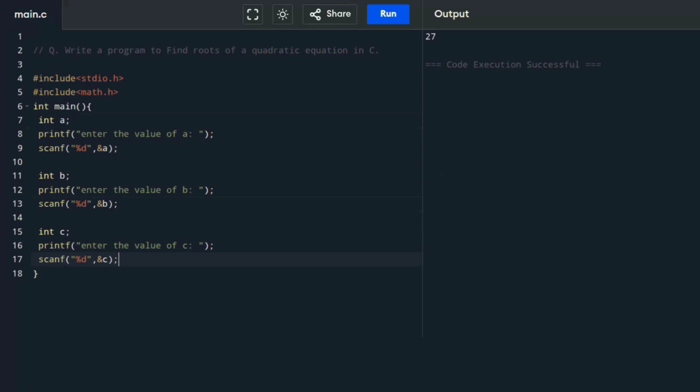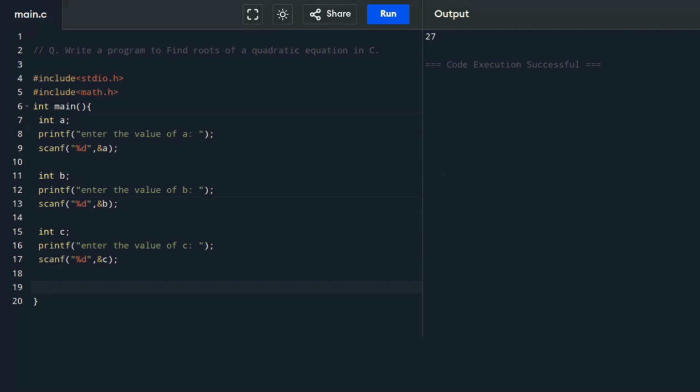After that, we will check if the inputs satisfy the condition of the quadratic equation or not. The main condition for an equation to be a quadratic equation is that a should not be equal to 0. If a is equal to 0, then it will not be a quadratic equation.